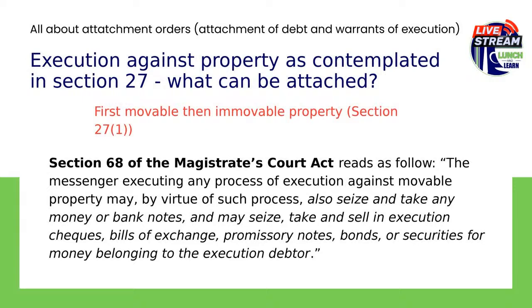That is a return from the sheriff of the court, where they say that the respondent has no attachable movable assets. And after they have issued the nil bona return, only then can you apply to court to attach immovable property like a house or a holiday home and so forth.